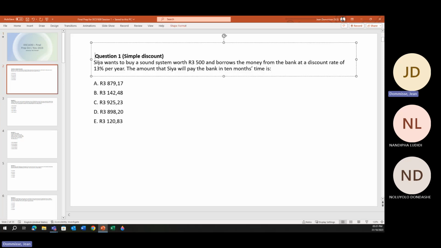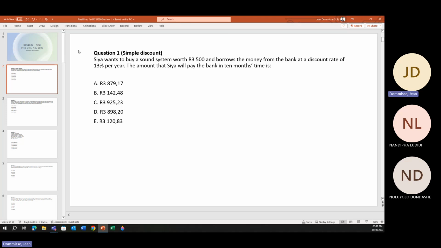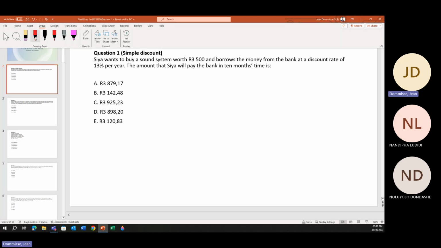As you will see, we'll work through lots of these questions, and I'll show you mostly how to do it on your calculator. If there are instances where we can do it on Excel, I will also show you how we do that. Okay, so let's start with this one.